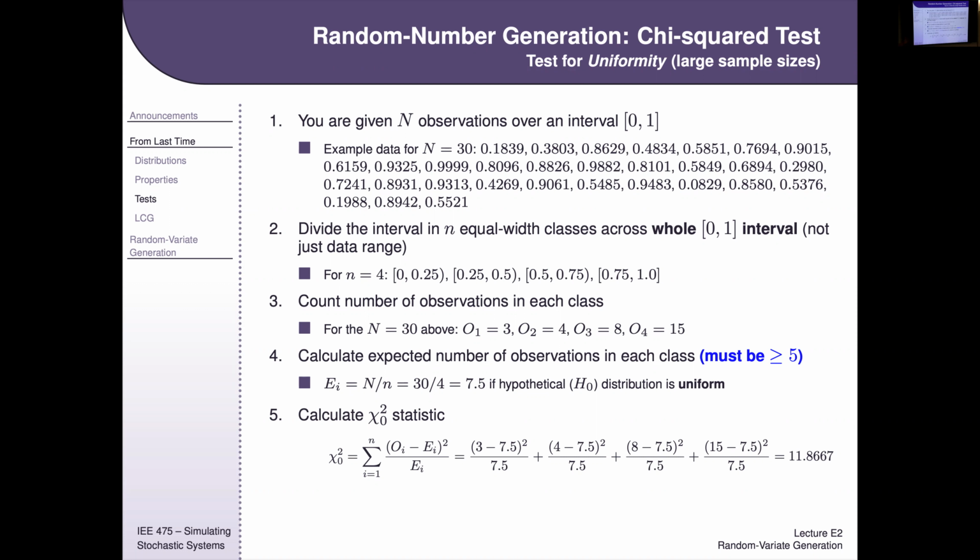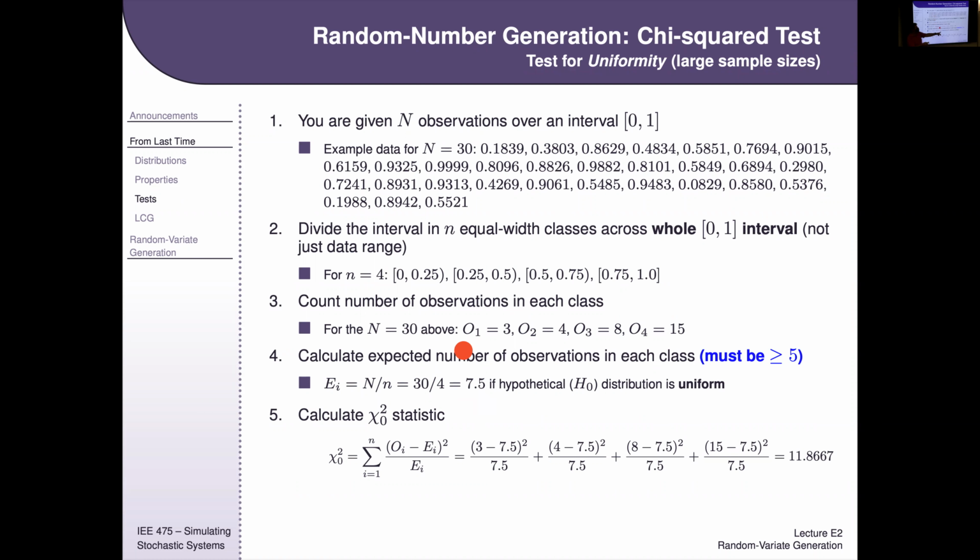It would be the number of numbers divided by the number of bins. In this case, it would be 7.5 because I had 30 numbers up here and there are 4 bins. So 30 divided by 4 gives me my 7.5 expected number down here.